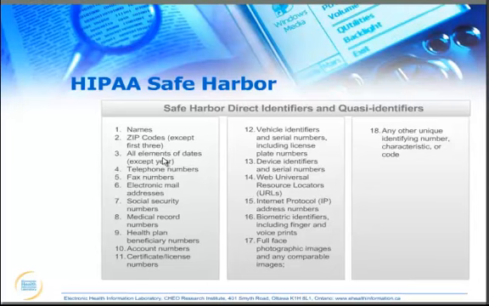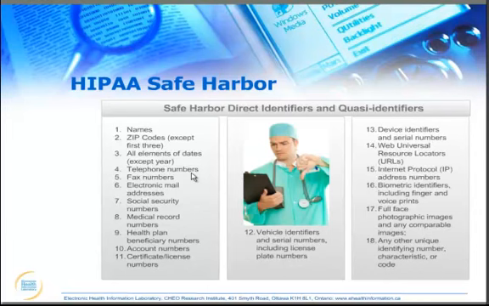However, the safe harbor is, I would argue, not a good standard to follow for a number of reasons, and the reasons really apply at both extremes. One reason is that you end up removing some useful information. If you look at items 2 and 3, for example, in certain situations zip codes are important for performing geospatial analysis, and in other situations dates are important for performing analysis on the health data.